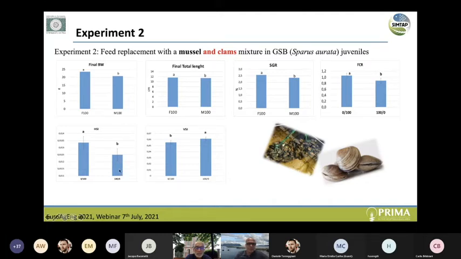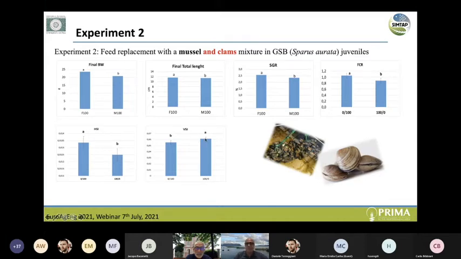Hepatosomatic index, it was again better for, sorry, in these 3 graphs, they are inverted in comparison to the first 3. I didn't realize this. I just realized now. Anyway, feed showed a lower hepatosomatic index and higher viscerosomatic index.